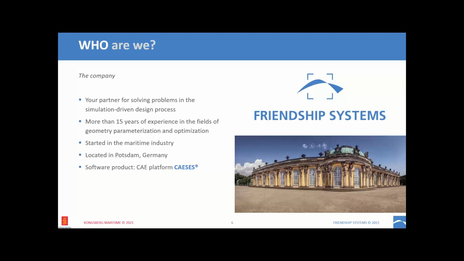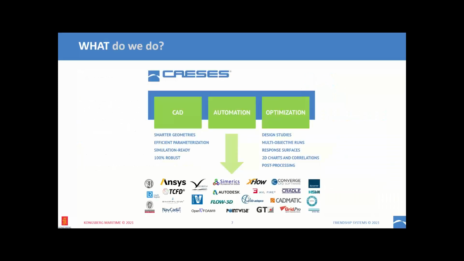And we have more than 15 years of experience in the fields of geometry parametrization on the one side and optimization of these geometries in connection with different simulation tools or other calculation tools. We started in the maritime industry, but now we are active in also several other industries where shape optimization issues are of importance. And our business is mainly connected to our software product, which is the CAE platform CAESES.